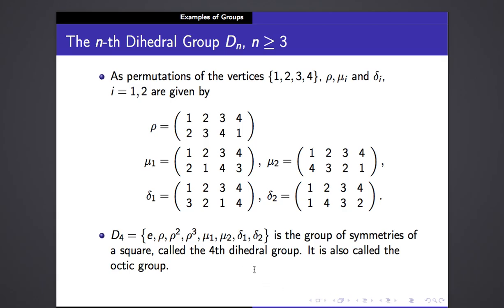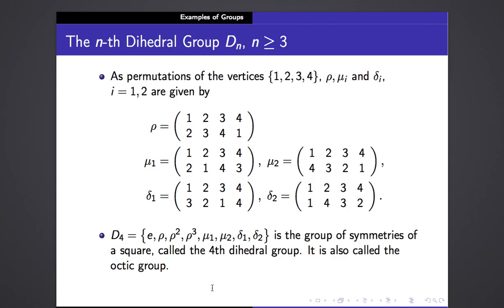Although, I should warn you that this is not the only group which has 8 elements. For instance, Z sub 8, the cyclic group, also has 8 elements, but we don't call it the octic group.